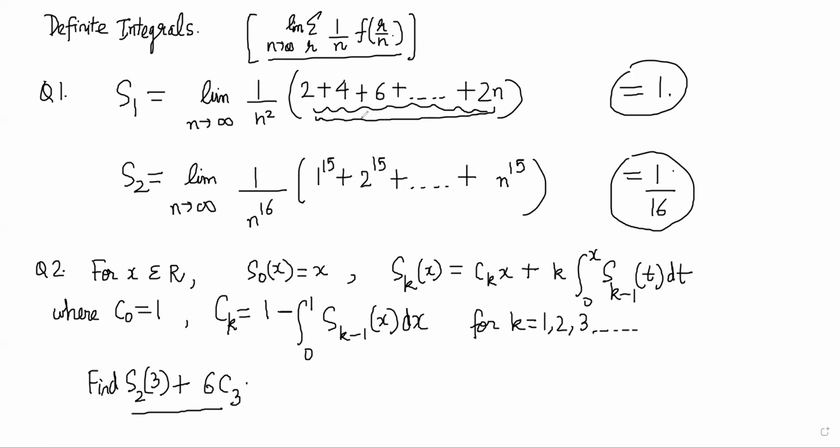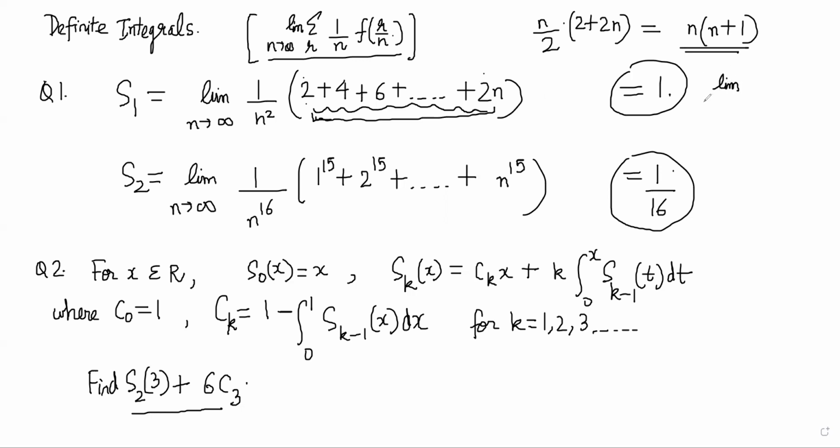I got n into n plus 1, divided by n. How many terms are there? There are n terms, right? And this is an AP, right? So the sum of the AP will be n by 2, first term plus last term, right? Correct? So isn't it simple?